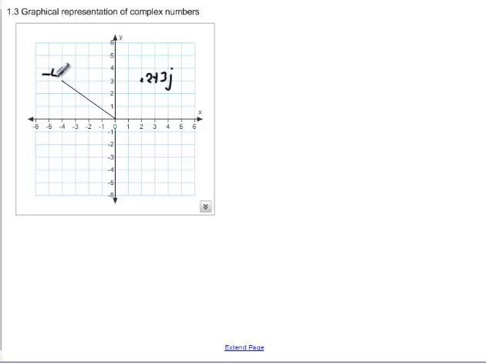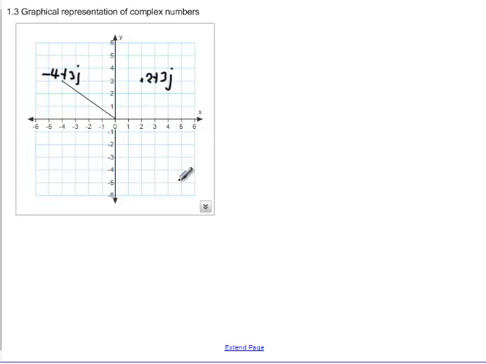Minus 4 plus 3j. So when I'm doing that, I'm representing a number graphically.